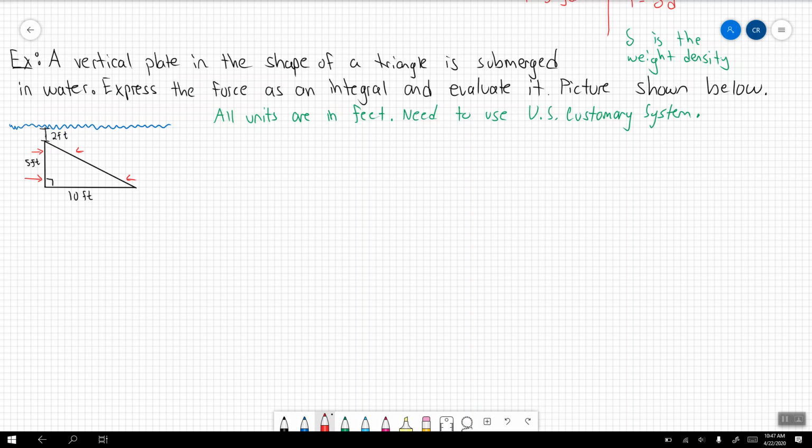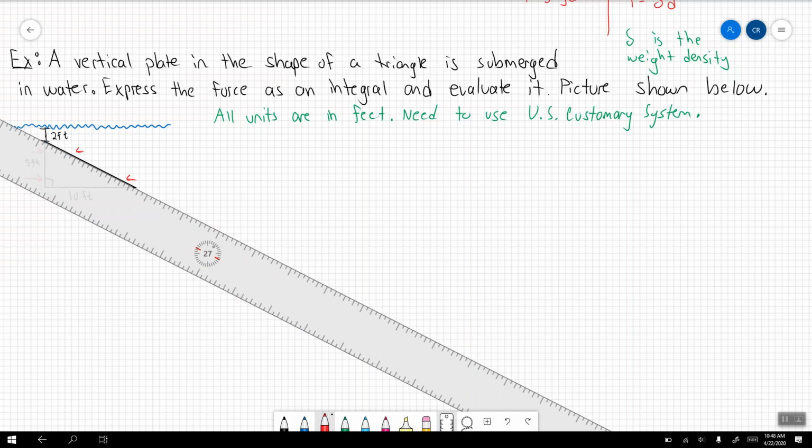In order to do that, I need to pick some random sample point within here. I can't exactly do that without setting some sort of axes on here, so I'm going to draw my axes in here.